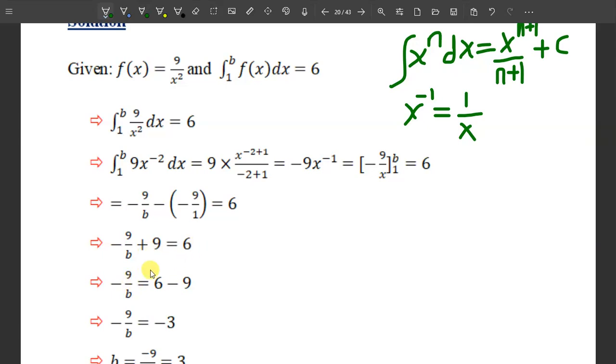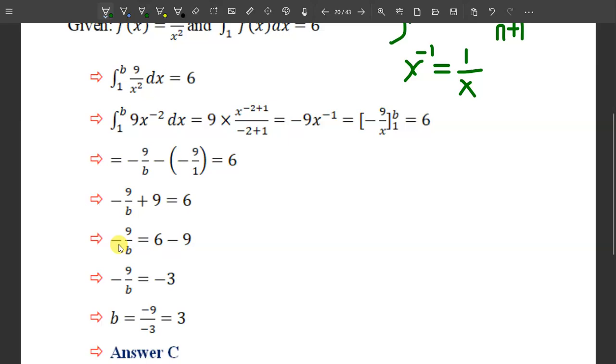From this, we can evaluate the value of b. Collect the numbers on one side and leave the variable on the other side, which means minus 9 over b is equal to 6 minus 9.